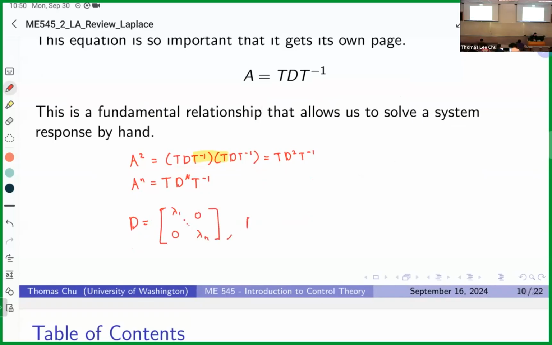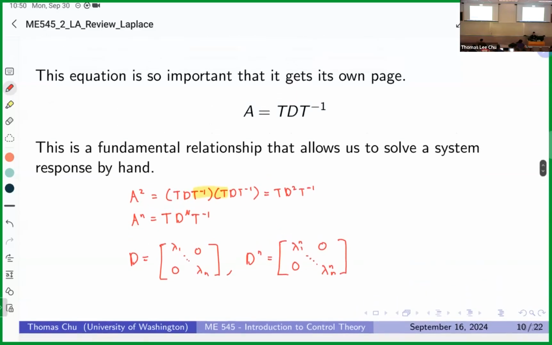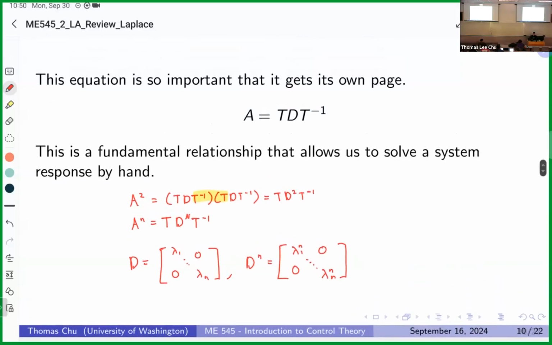This is a unique property: when you only have values in the diagonal, D to the nth power is going to be lambda 1 to the nth power, all the way to lambda n to the nth power, with zeros in the off diagonals. It's a really nice property, and this is why we like the decomposition method. Any questions?